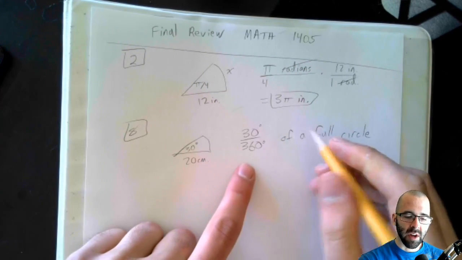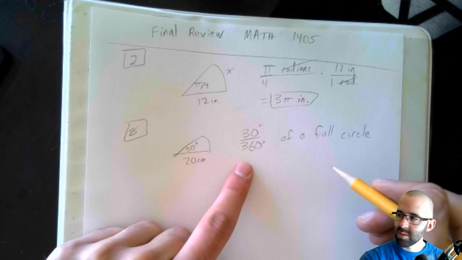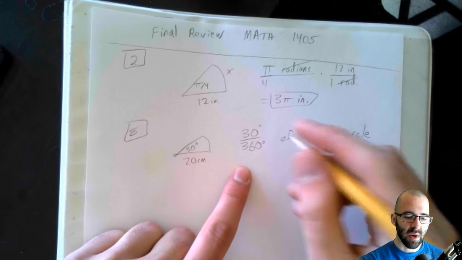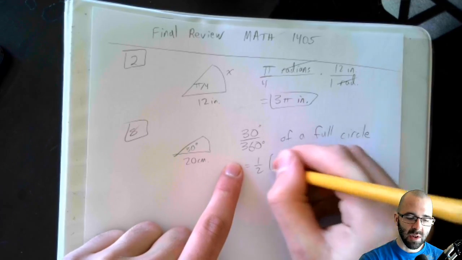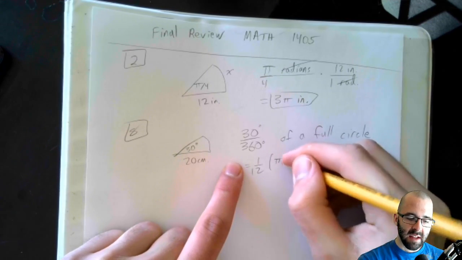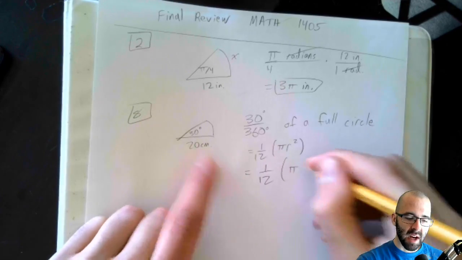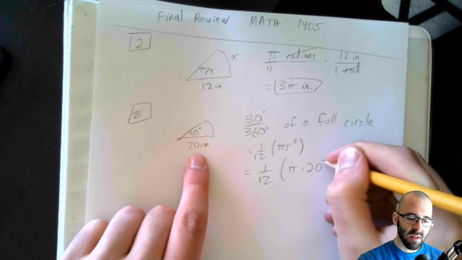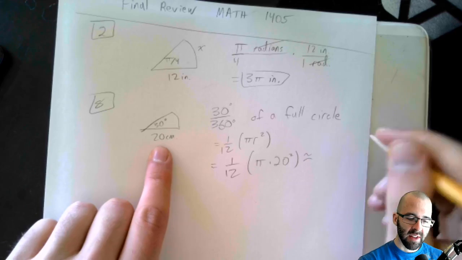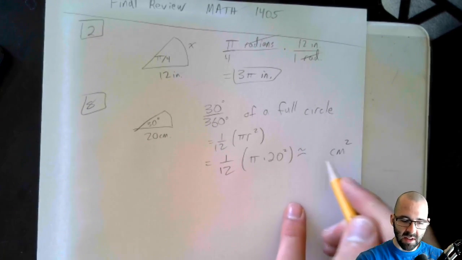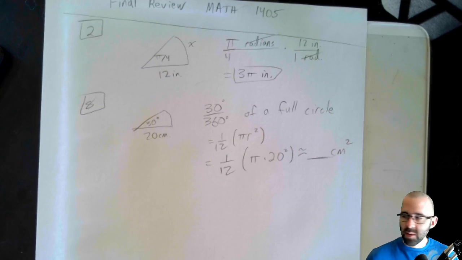So just find the whole area of a circle and then multiply it by this percent, this ratio, this fraction. Okay, right? This is 1/12. It's 1/12 times pi r squared. So 1/12 times pi times the radius squared. And that's going to be something. And then remember, always express your answers in units. So it's something centimeters squared.